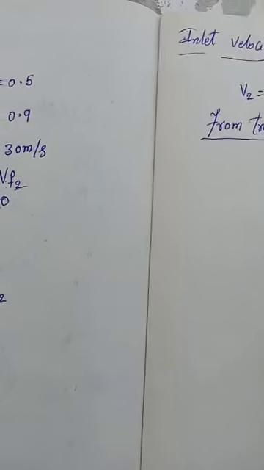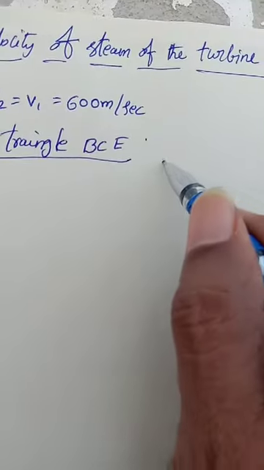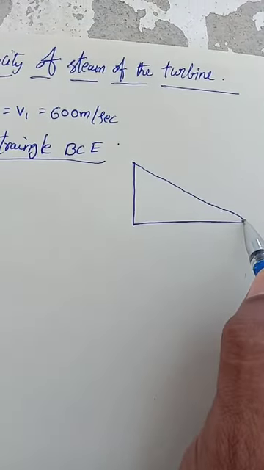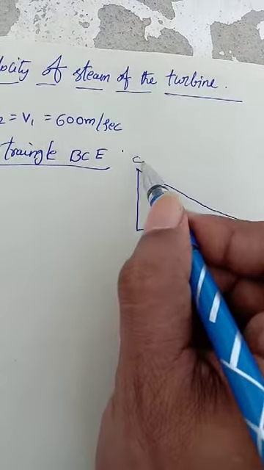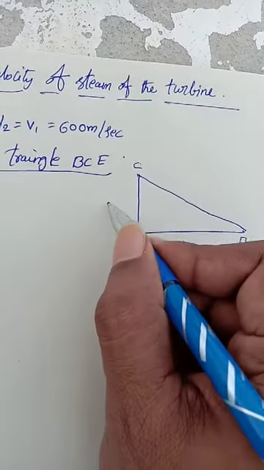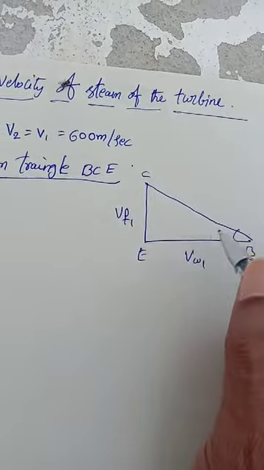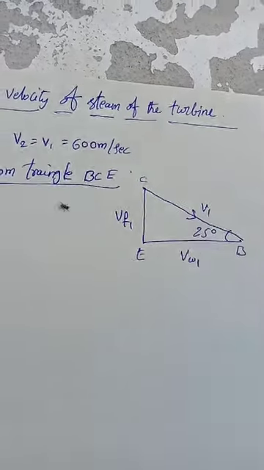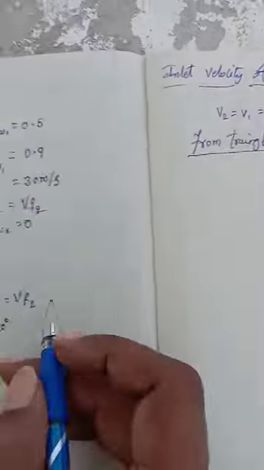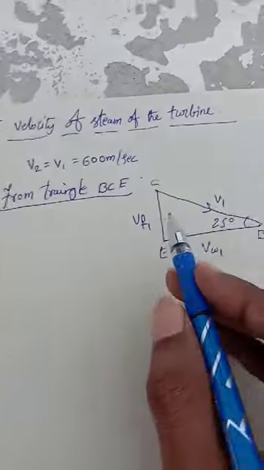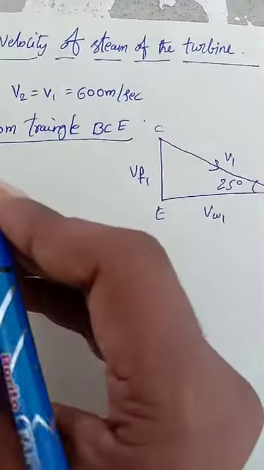Take this triangle BCE, this is VW1, this is VF1, this is 25 degrees, and this is V1. Okay, take this triangle as it is, I draw here.